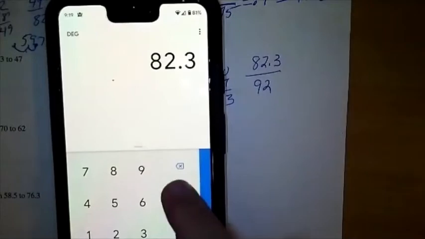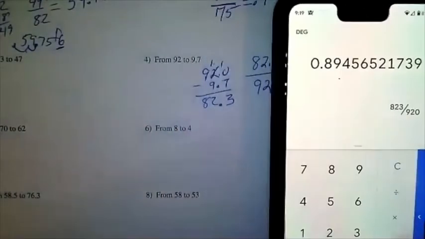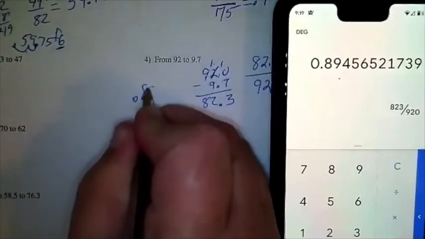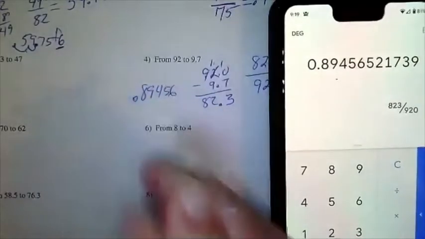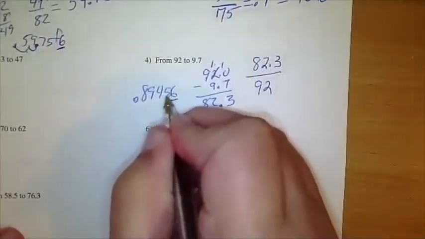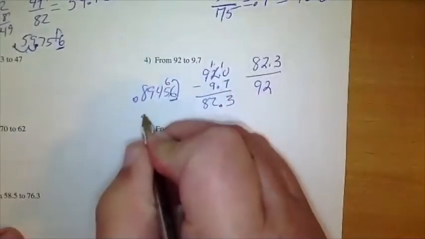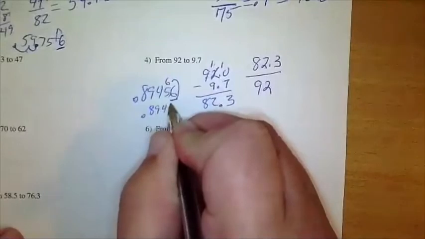82.3 divided by 92. And that gives me 0.89456. Now, you may be asking, why do I have 5 places, right? Well, I want to be able to round to the 4th. So this is a 6, so that makes this go up. So it's going to be 0.8946.